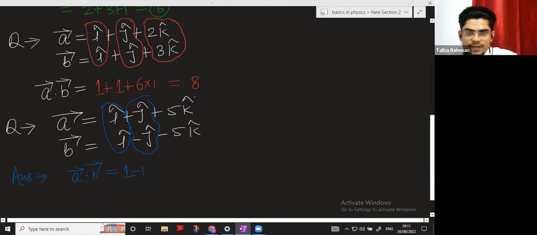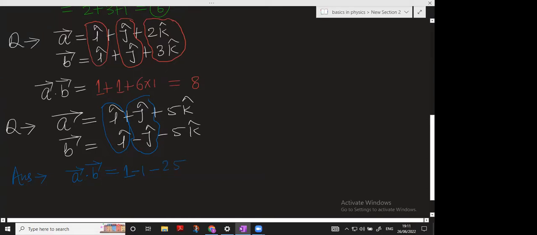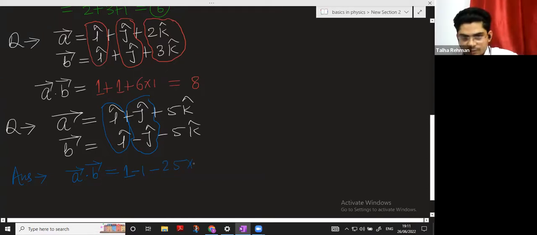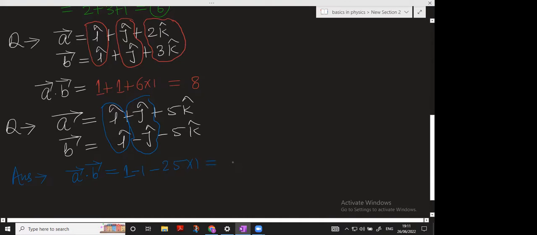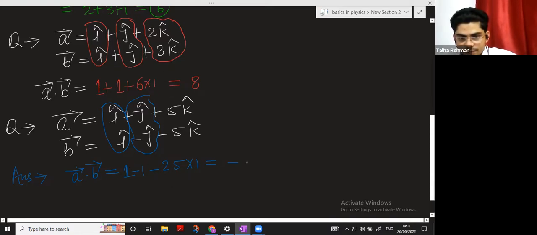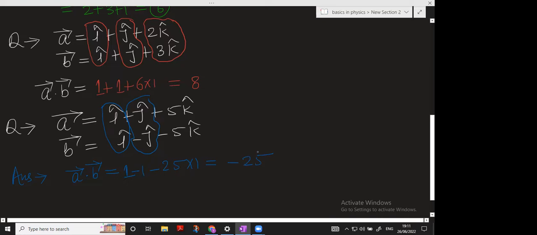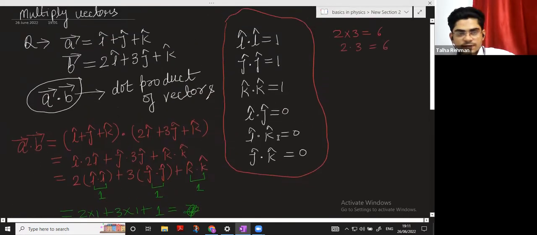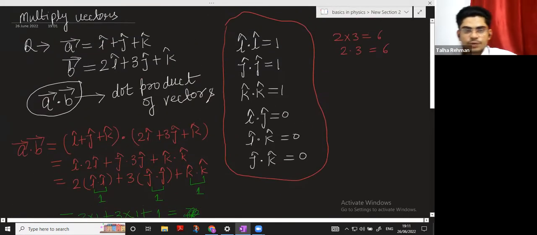Very good. And here minus 5 times 5, minus 25, and K into K is 1. So now you got it, minus 25. Very good. So the answer is minus 25. So this is the dot product of vectors.